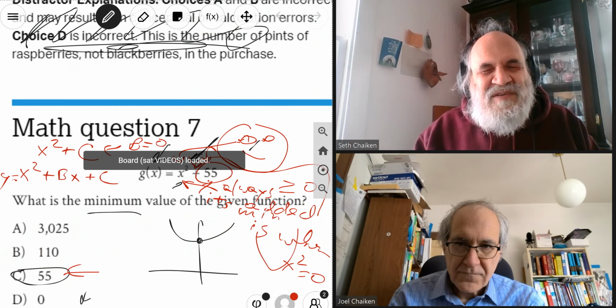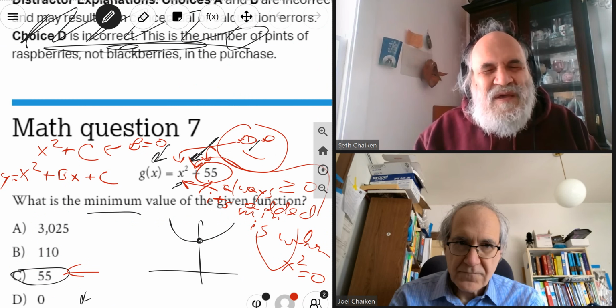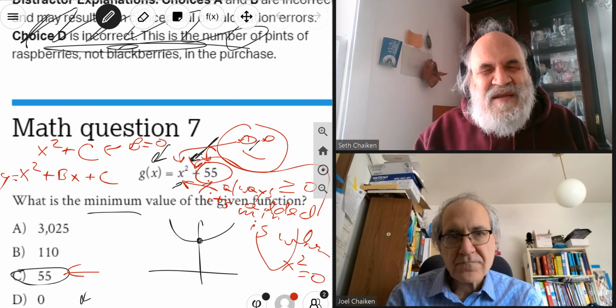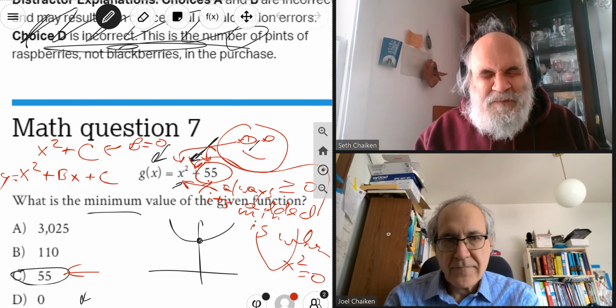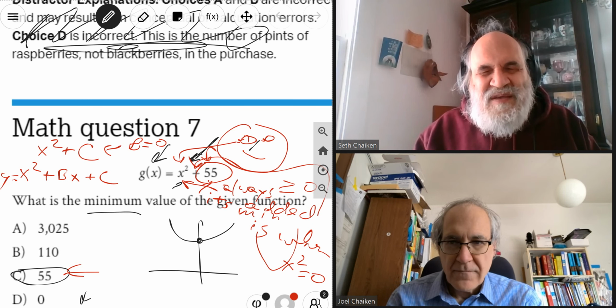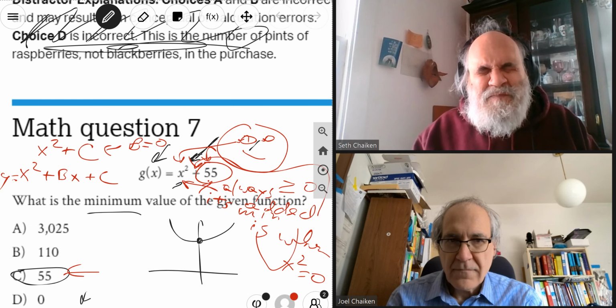So if b is negative, you just make x a little bigger, and you get a smaller value. If b is positive, and you make x negative, you get a little bit smaller, right? So x equals 0 is not the minimum.